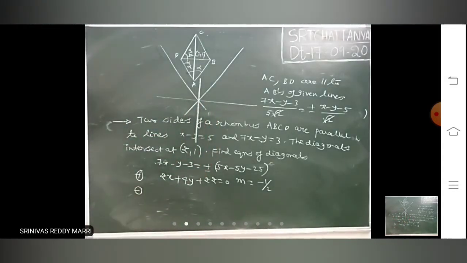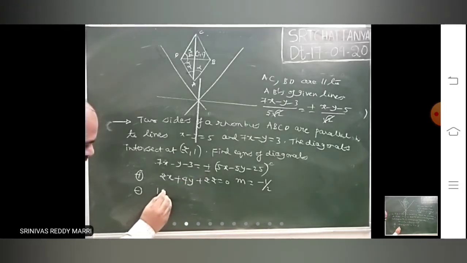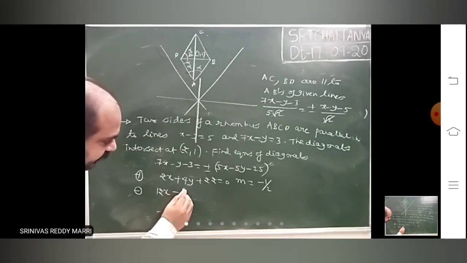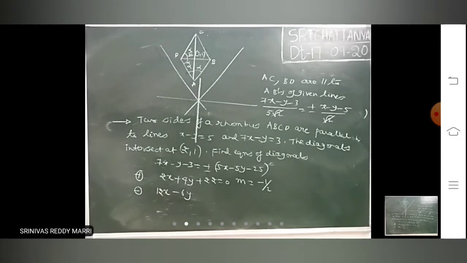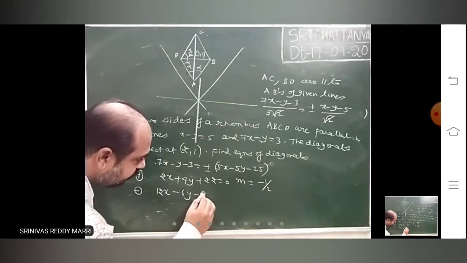And if you take minus, what do you get? 12x, minus y minus 5y, minus 6y, minus 3 minus 25.